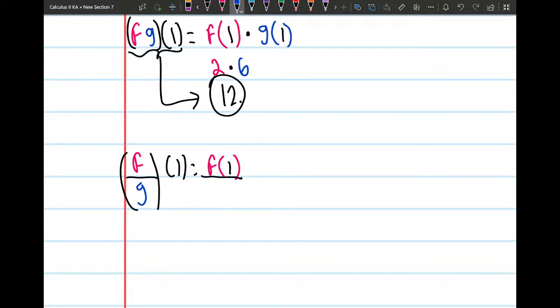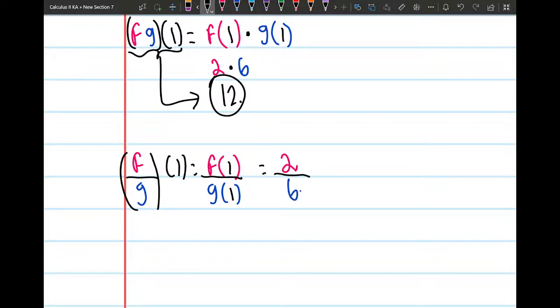So we put f of 1, which was 2, over g of 1, which was 6.